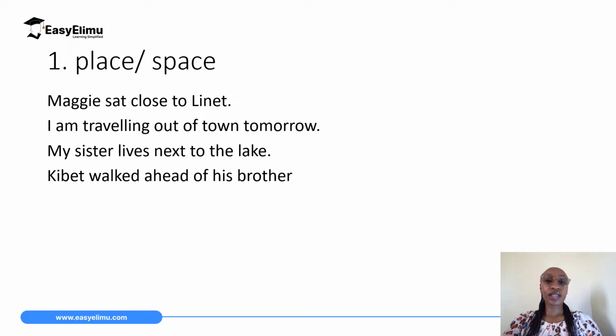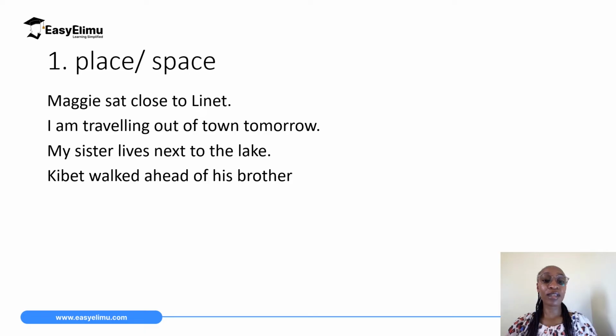So when we are talking about place or space, this is what we mean. Maggie sat close to Lynette. The place where Maggie sat is close to Lynette. So close to is a complex preposition.